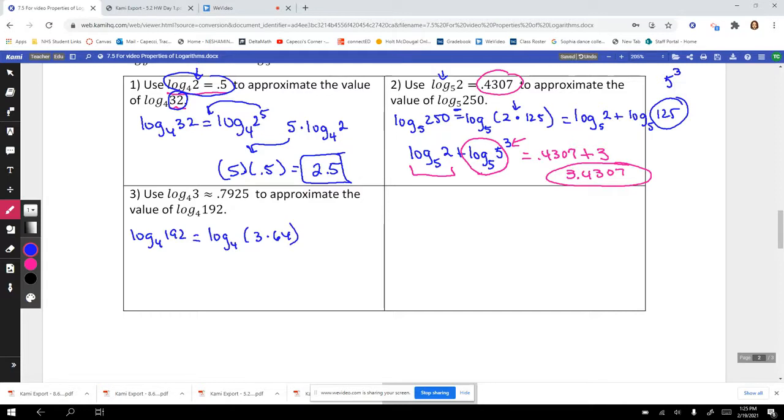So that log base 4 of 3, I'm good with that, because I do have a value there. Now 64, if I'm looking at that base, because multiplication is addition, is the same as log base 4 of 4 to the third power. So as I get to my final simplification, this is 0.7925 plus 3, so 3.7925, and that's my final answer right there.